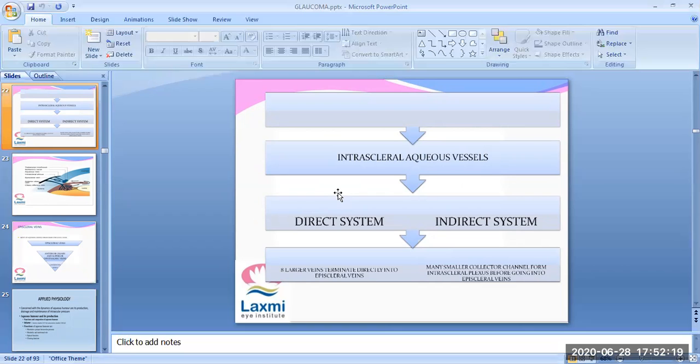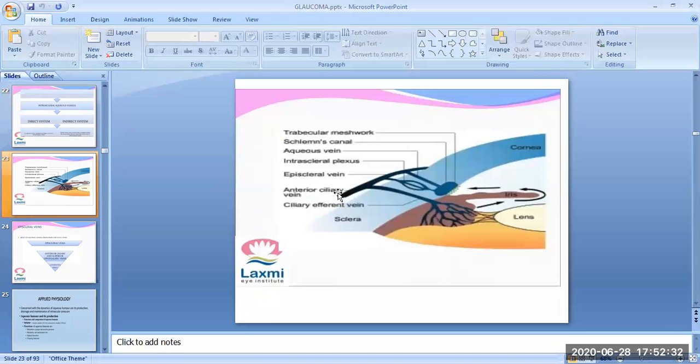And the many smaller collector channels form an intrascleral plexus before eventually going into the episcleral veins. It is called the indirect system. Here is an image.